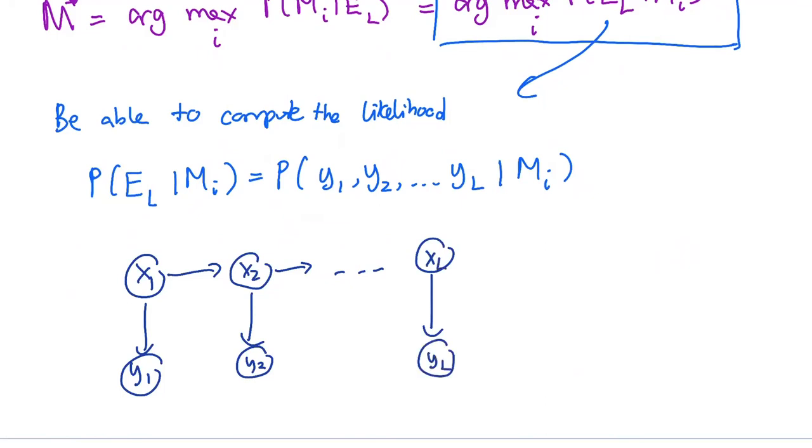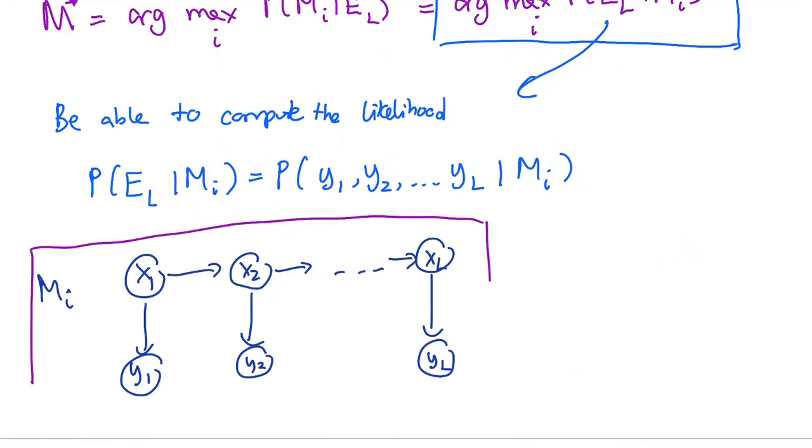Okay, so recall that this is the entire hidden Markov model, right? The entire hidden Markov model has this structure where you have both the latent state and the observations. So if I were to compute this probability of the observation given Mi, what do I have to do to the data?